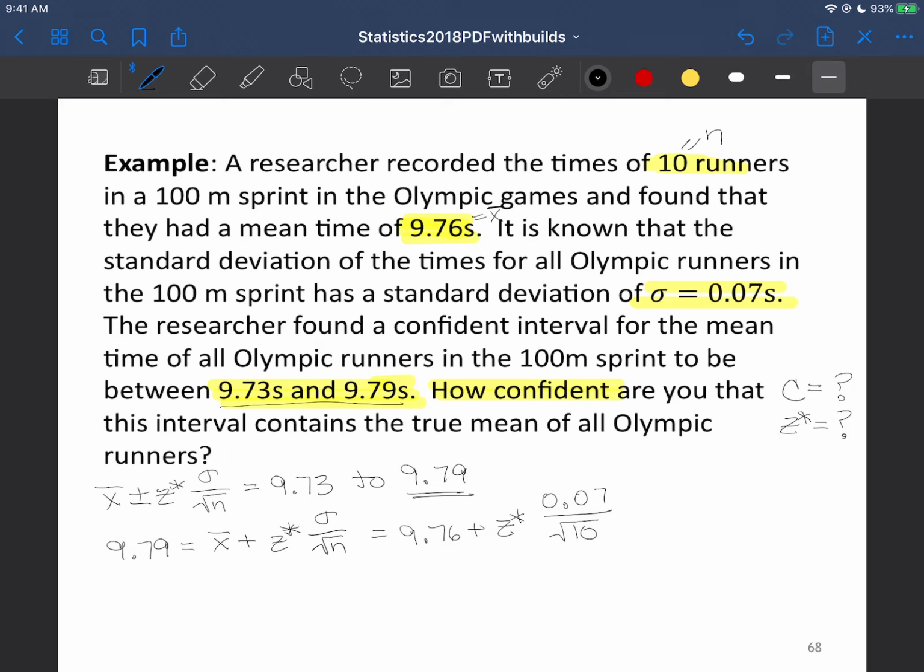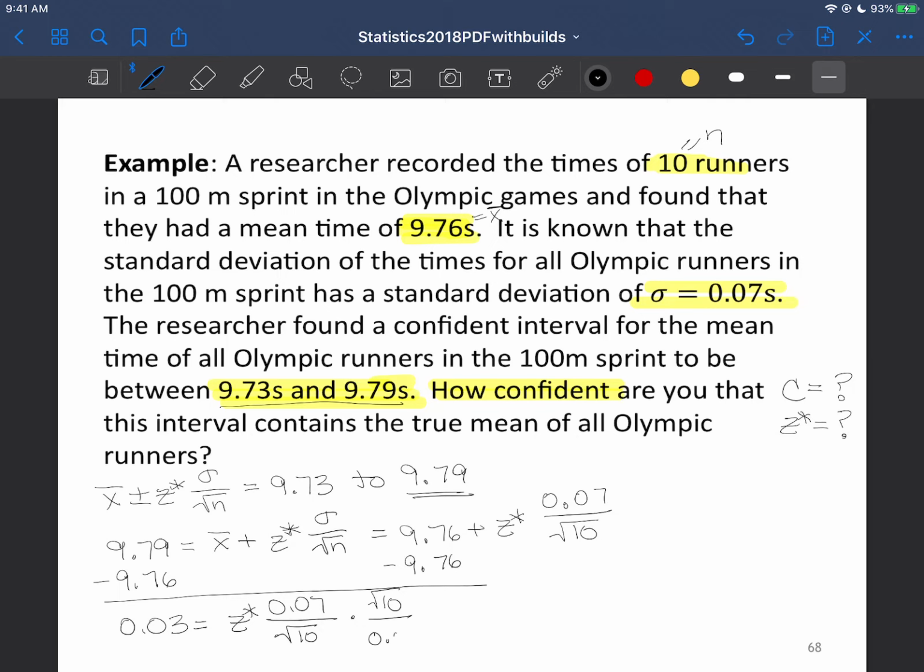All right, so now I have an equation with one unknown, right? I'm looking for Z star. And so I'm just going to solve this equation. So I'm going to start by subtracting 9.76 from both sides. That gives me 0.03 equals Z star times 0.07 divided by the square root of 10. Now to get rid of a fraction, I'm going to multiply by its reciprocal.